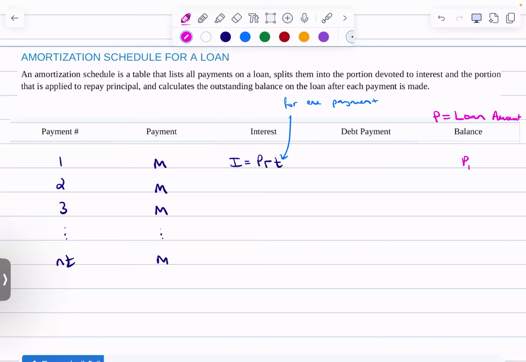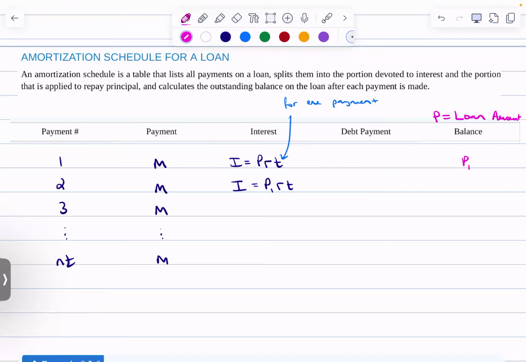And notice I'm skipping a column for now, on purpose, because let's just focus on this I. The amount of interest is now going to be P1 times R times T.